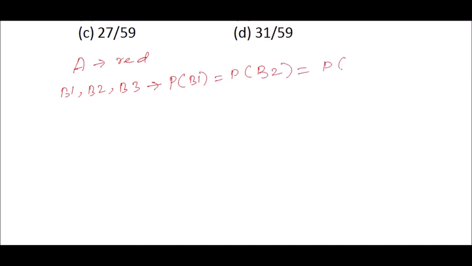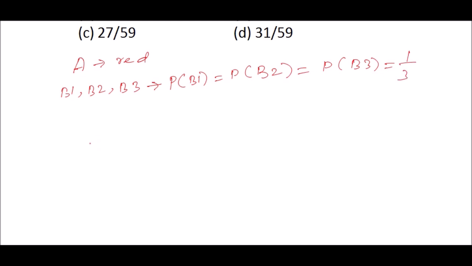Therefore, let us consider that A is the event of drawing a red ball, and B1, B2 and B3 are the events of drawing the first bag, second bag and the third bag respectively. Therefore, P of B1, B2 and B3 are all 1/3, equally likely cases.